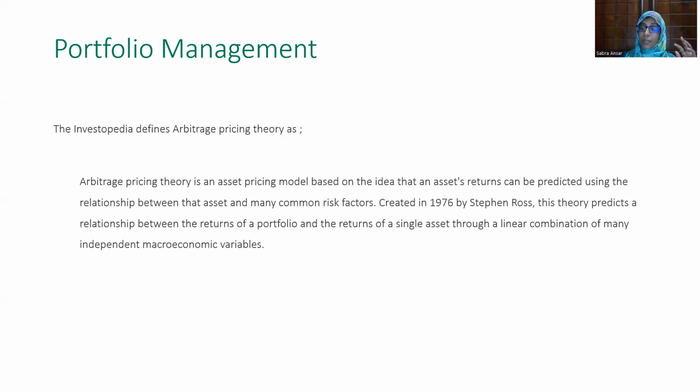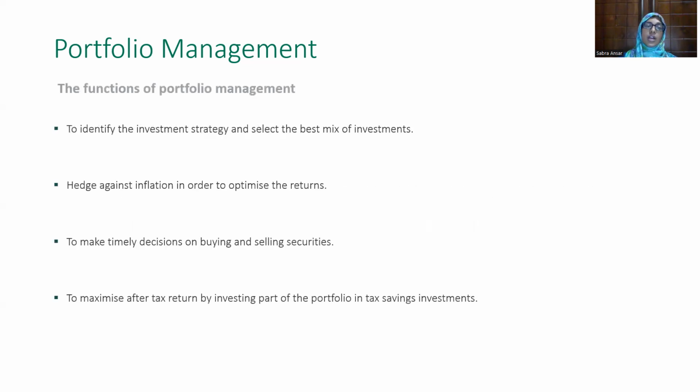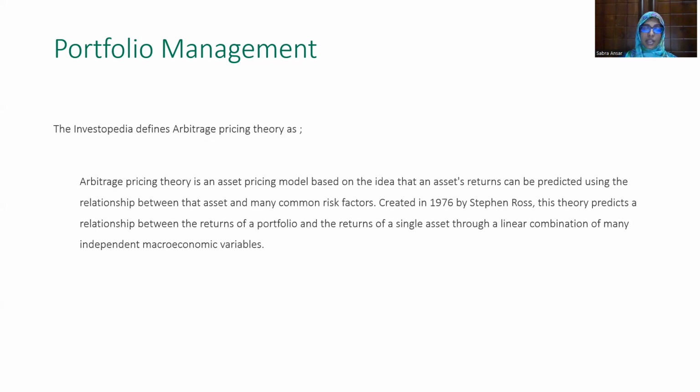One thing to remember is that in this theory, the organization moves into a linear regression model, where a linear combination of different macroeconomic variables is considered. The main thing it predicts is the relationship between the returns of a portfolio and the returns of a single asset. That is what arbitrage pricing theory is.